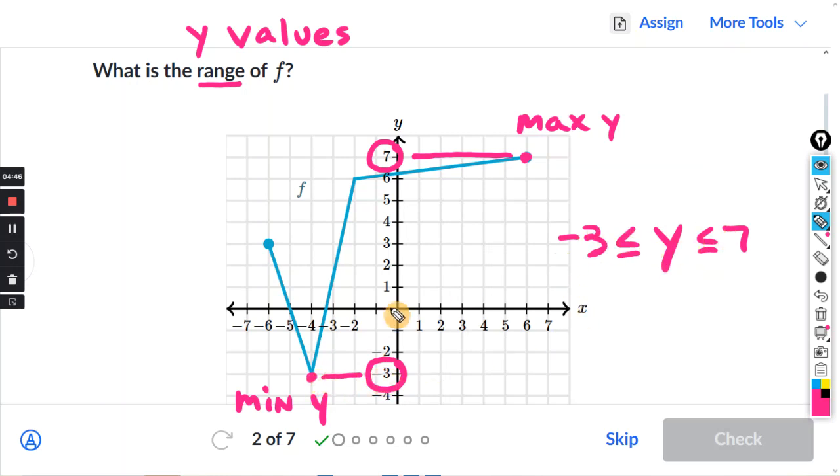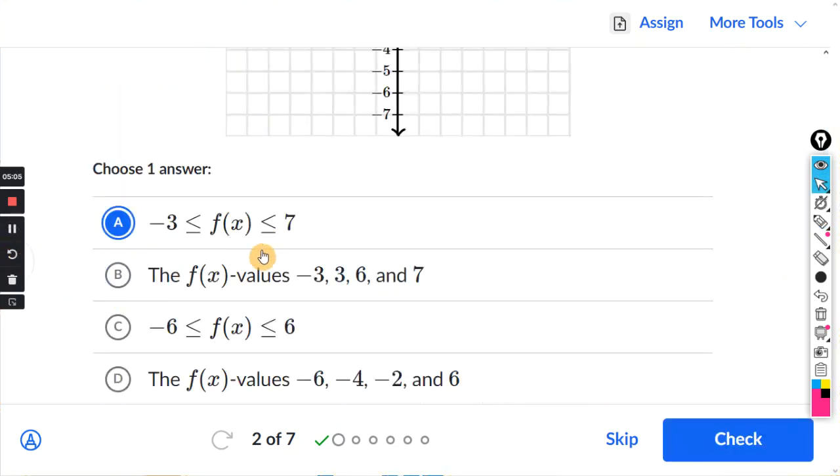And it includes everything in between. So we picked the lowest y and we picked the greatest y, the minimum and the maximum y values. The graph includes all those points in between. -3 to 7. f of x is just another way of writing the y values.